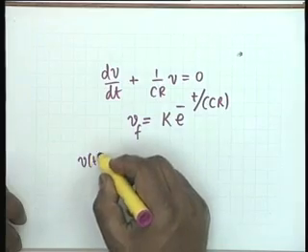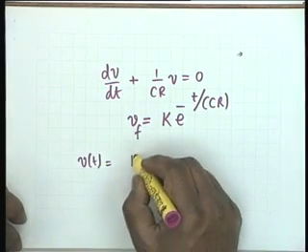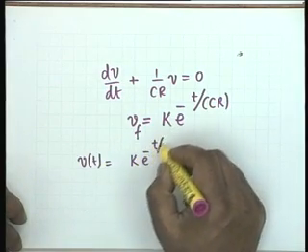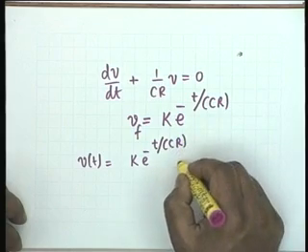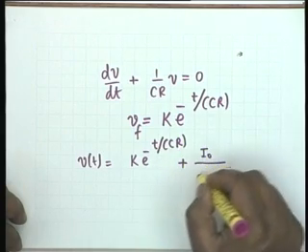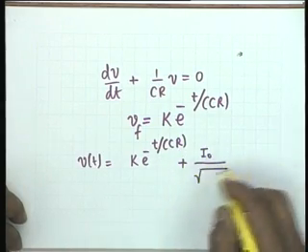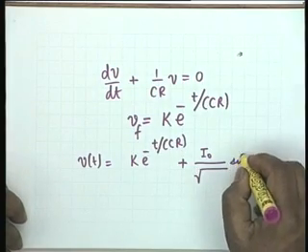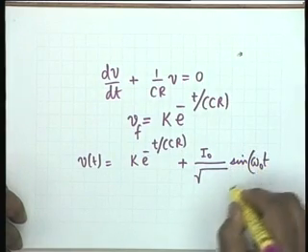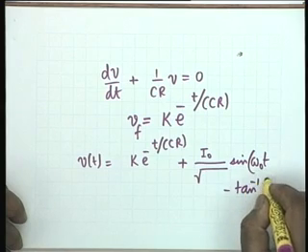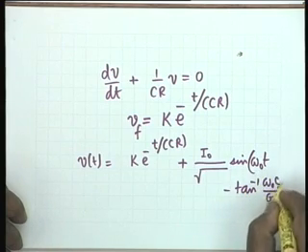So what you have to do is to find the complete solution first. The complete solution will be the sum of the two. So it would be K e to the minus t by RC plus I0 divided by square root of, I will not write the complete thing, sine of omega 0 t minus tan inverse of omega 0 c divided by g.